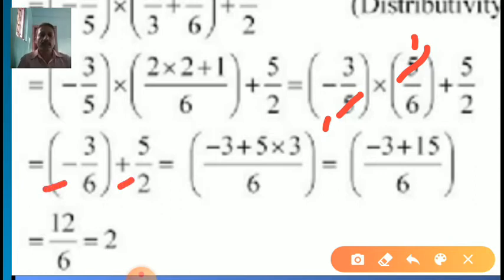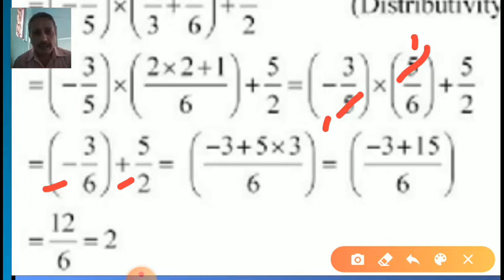Two numbers are there and both are in different signs. That means it's subtraction. But check out these numbers, the denominator only. Student, be careful. You have to take only the denominator. In the denominators you can find 6 and 2.